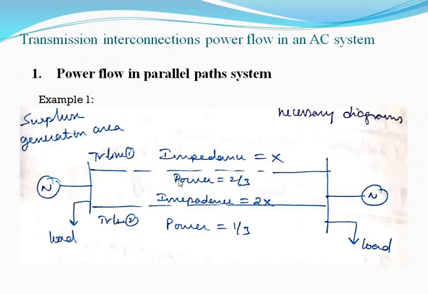By sending more power in this transmission line, sometimes it is overloaded, crossing the thermal limit of the line, which is not desirable. And a high impedance path carries low power flow, which is also not desirable.